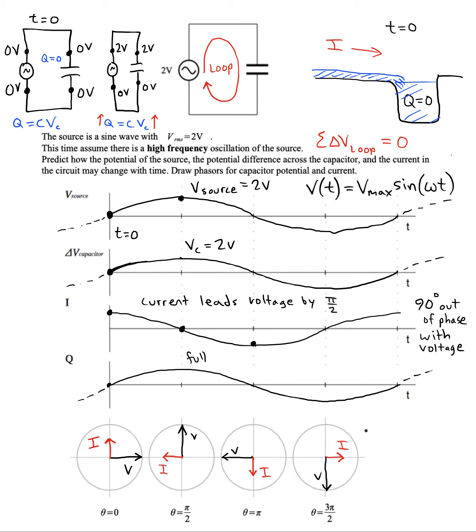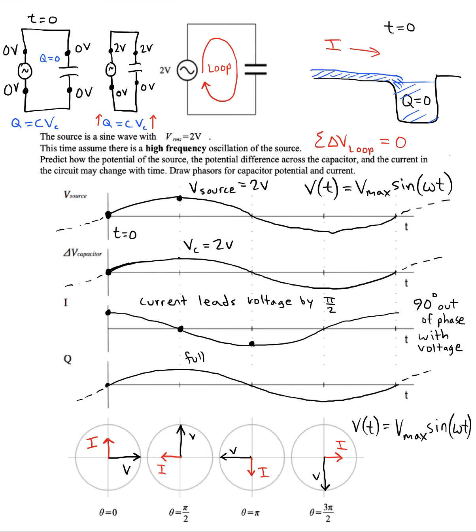And that'll be our formula for the capacitor voltage as well. But when it comes to our current, we can use cosine.